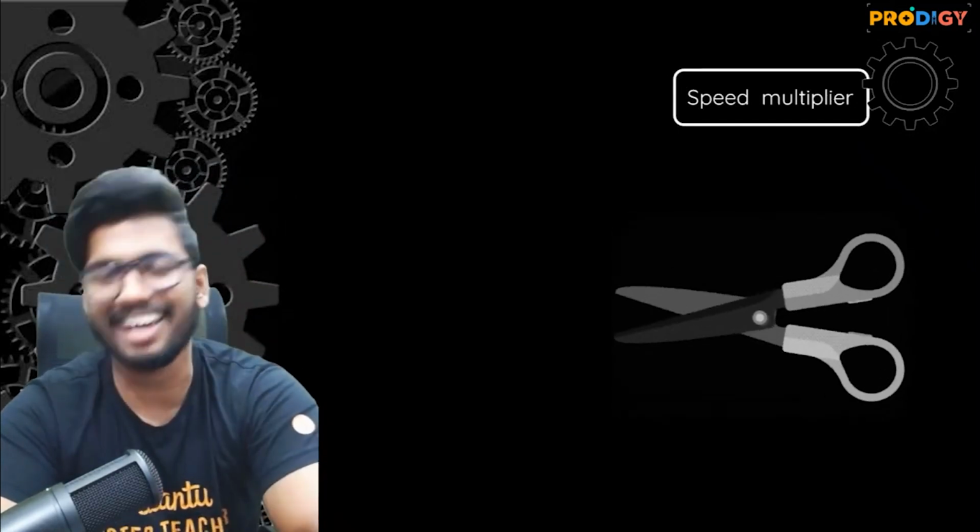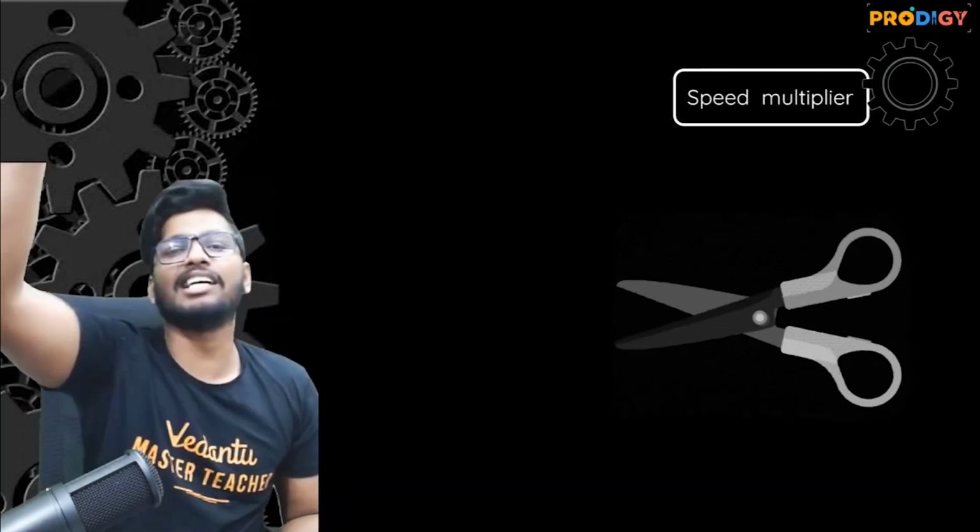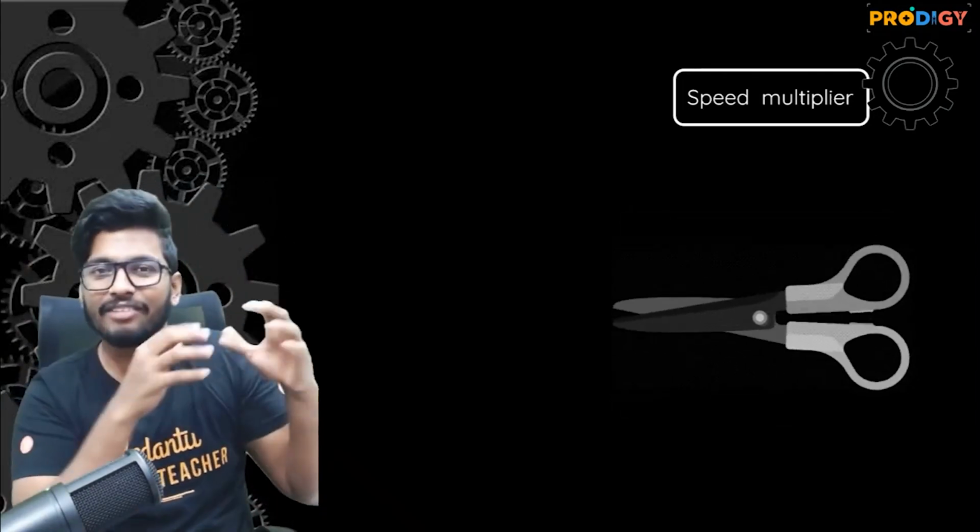The next thing is a speed multiplier, like in the case of a scissor. Now a scissor basically, guys, what it does is that you're able to do it much faster. So you see that, in a couple of presses, you're able to cut the entire sari. So a speed multiplier basically increases the speed of the load.